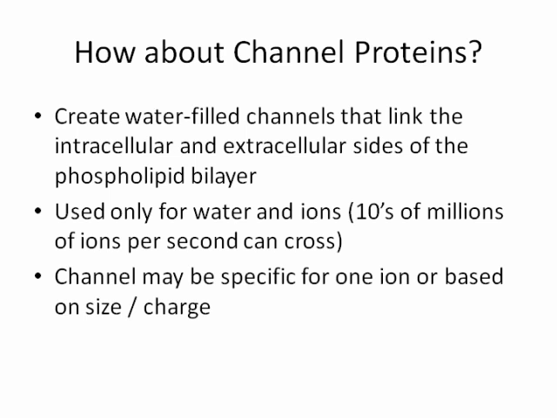We're talking about tens of millions of ions per second, whereas our carrier proteins were doing anywhere from about 1,000 to 1 million. Our channel proteins are doing 20, 30, 40 million ions per second crossing.